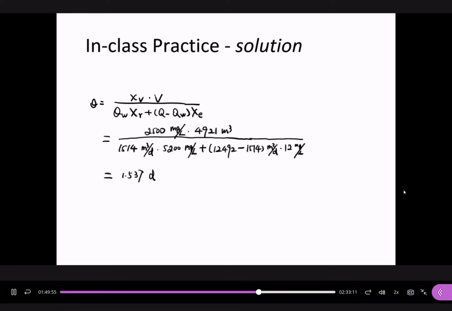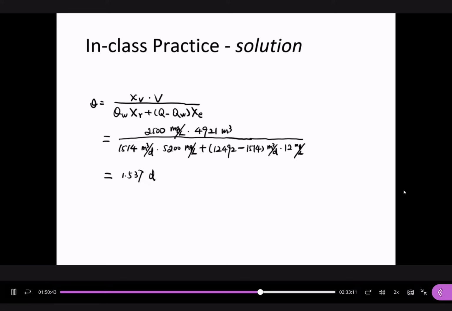All right, so let's continue. During the break, many asked about the question why we ignore XE here, right? For the last problem, the in-class problem. So typically the effluent cell concentration is low. XE is low, so we can safely assume XE is 0. When you compare this term with this term, this term is quite small.